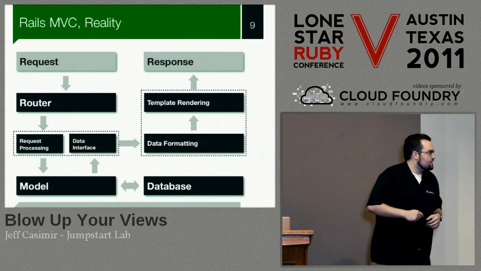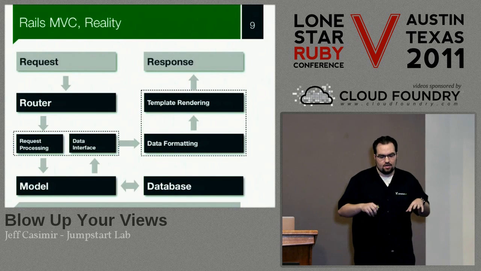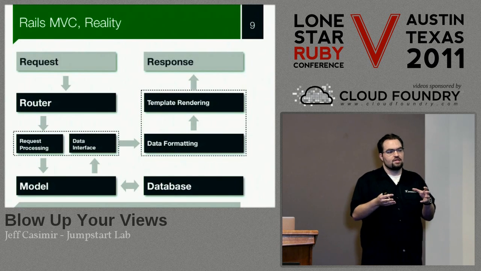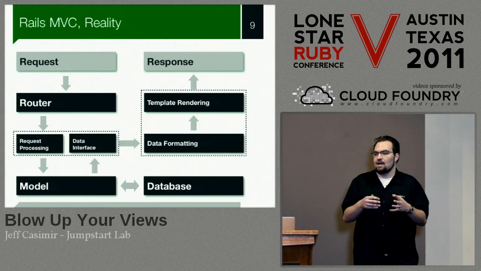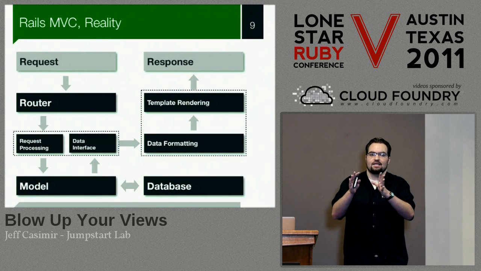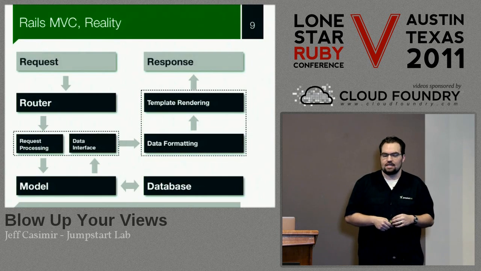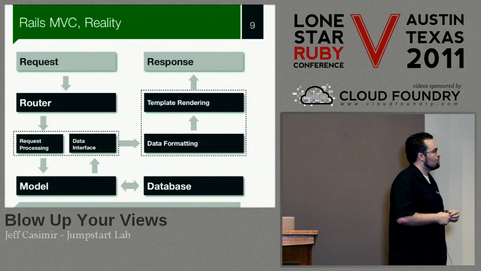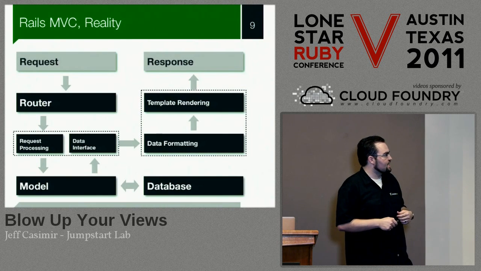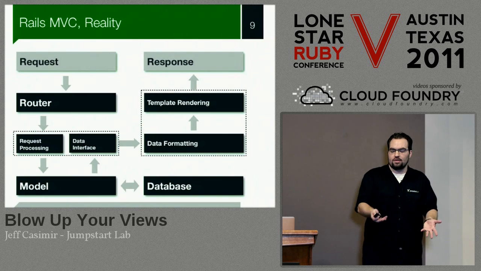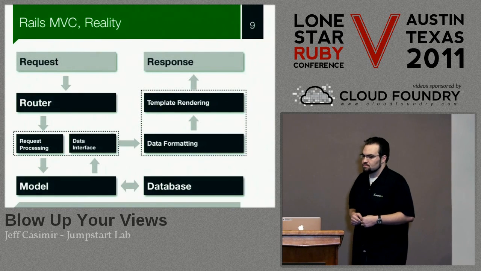When you get to the view layer, you've really got two steps there: preparing the data for output, so doing things like taking a timestamp and formatting it into your designer's preferred style, whatever you do in helpers, and then combining that data with the template and outputting plain HTML to your user.